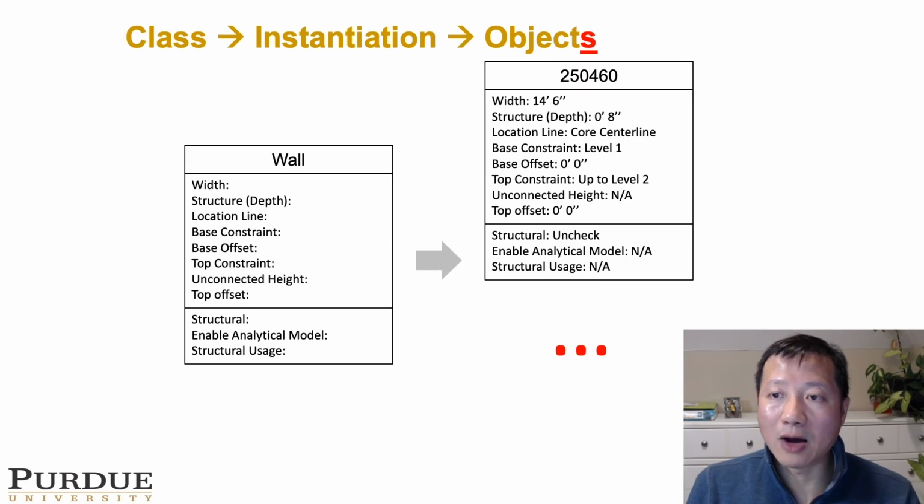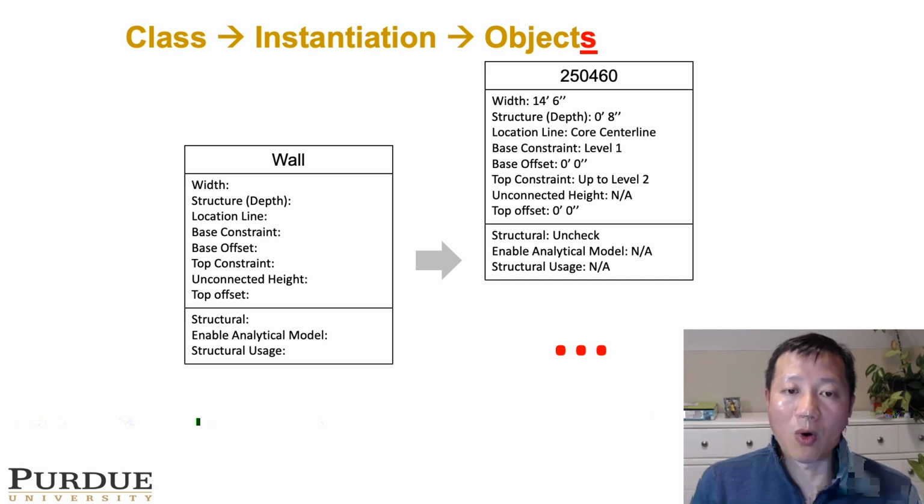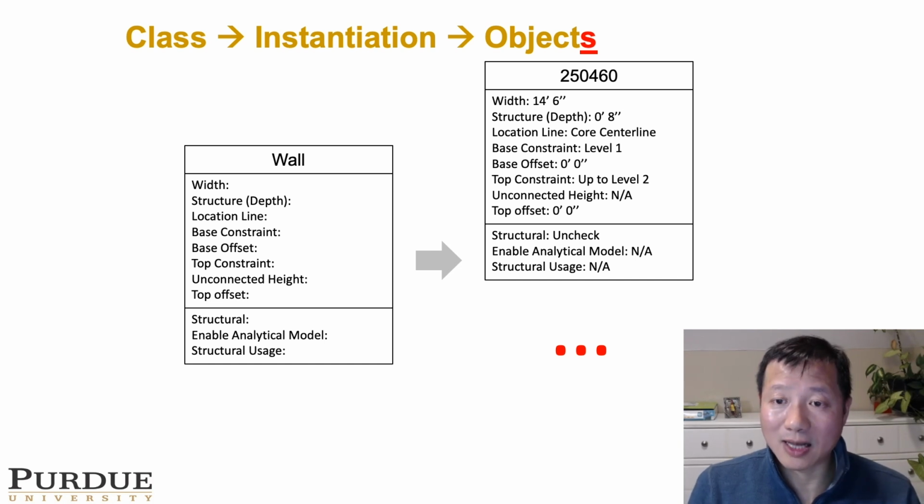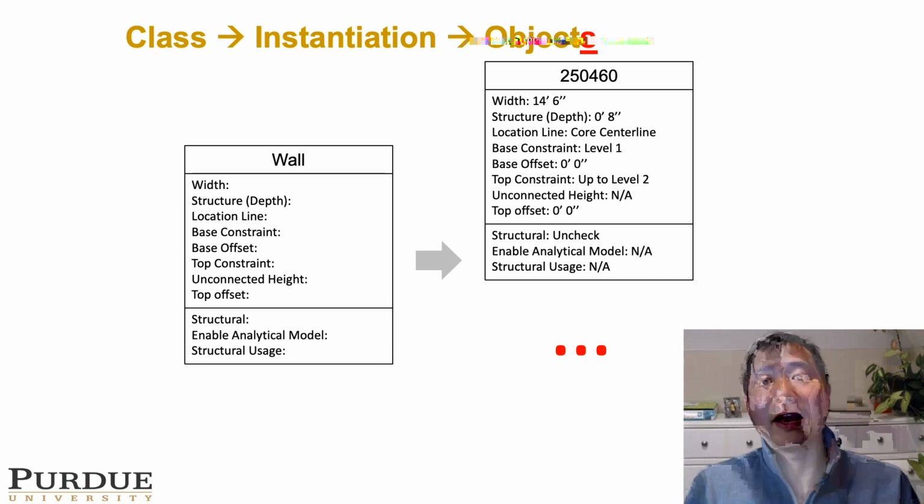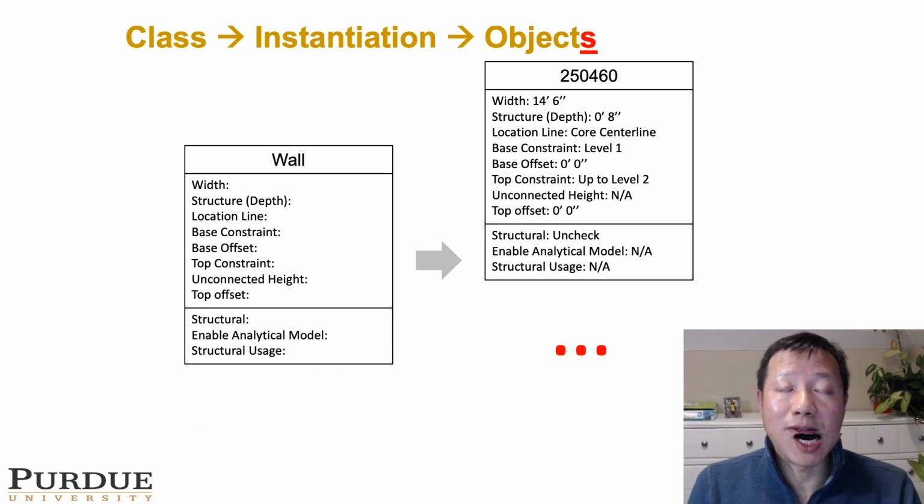Now, the process can be reversed, which means now if you have a class designed, let's say you have a wall class, and it gives you a list of attributes and their behavioral functions, you can use this design to create as many objects as you want to. So the whole process of taking a class design and then create many objects is the process we call instantiation, right?